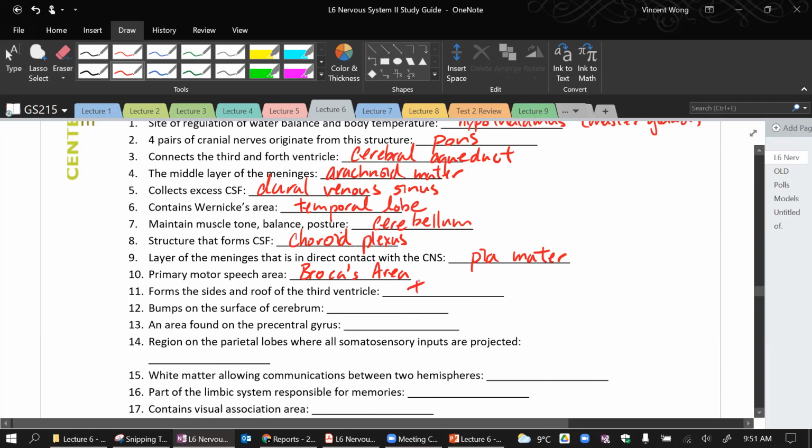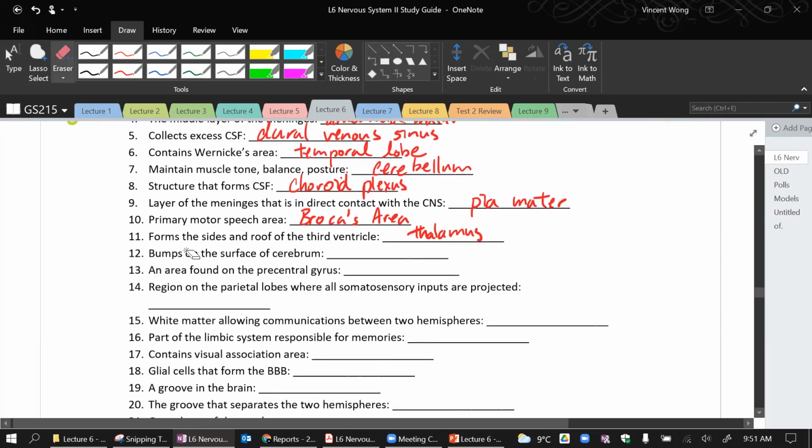Okay, that is the thalamus. The bumps on the surface of the cerebrum, it is the gyrus. Okay, gyri for plural. An area found on the precentral gyrus, that would be the primary motor cortex.